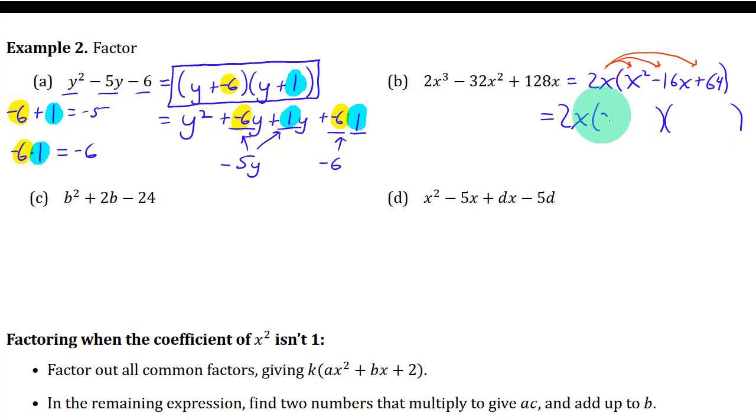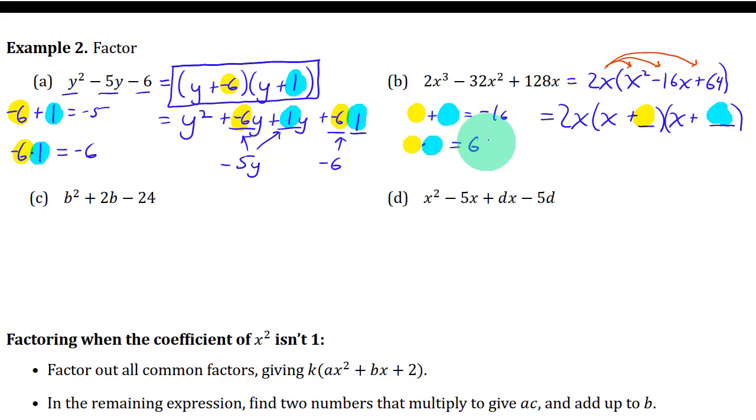We know we're going to have an x and an x here to start, because the x times x will make that x squared. But then whatever goes over here, those two numbers, just like with the last one, you can add them, the yellow one times x plus the blue one times x. That should add up to negative 16, and you should be able to multiply them to be 64.